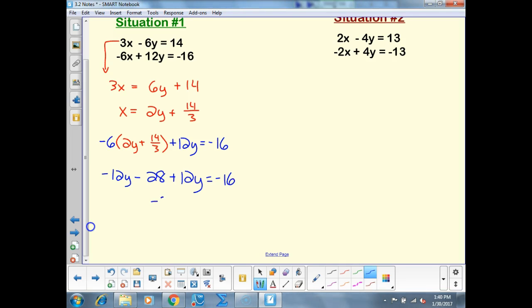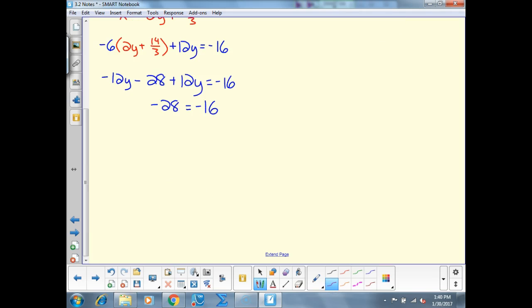So then here I get negative 28 equals negative 16. What's wrong with that? There's no variable and it's not true. It's false. So that's a false statement with no variables.